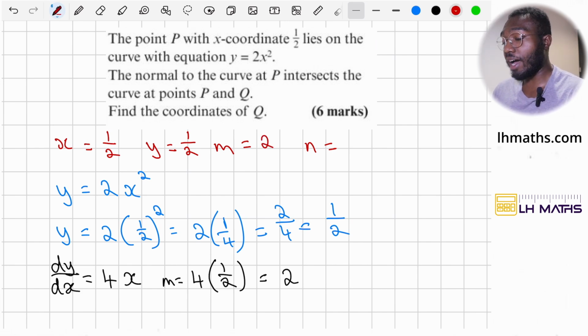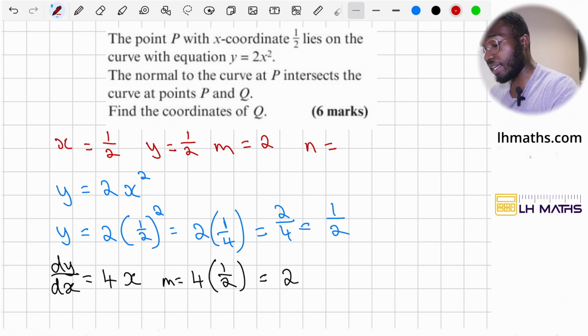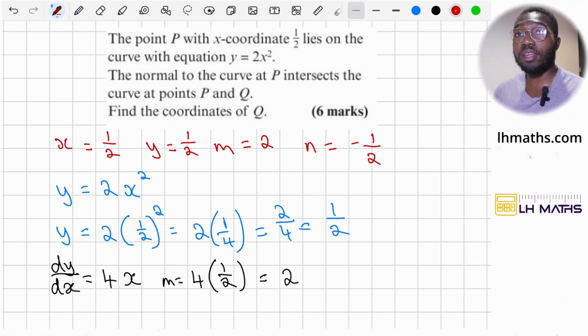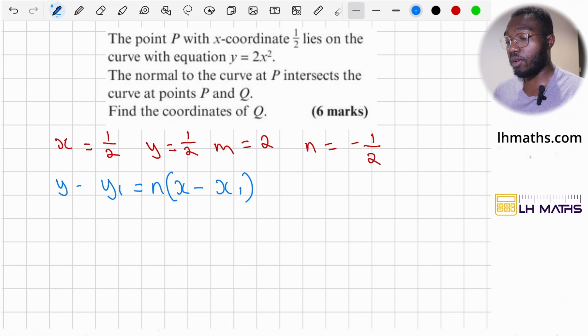However, we want to work out the normal, so it's a perpendicular gradient, which means that our perpendicular gradient is minus a half. Now that we've worked out all those values, let's put them into this equation to work out the equation of the normal.